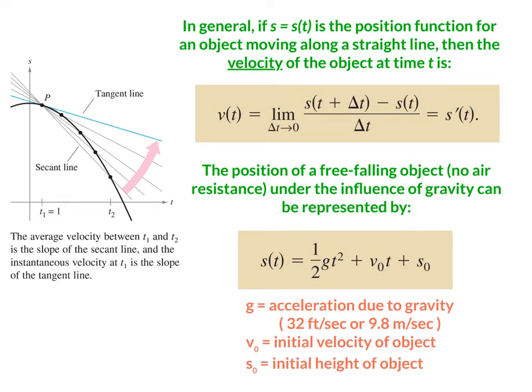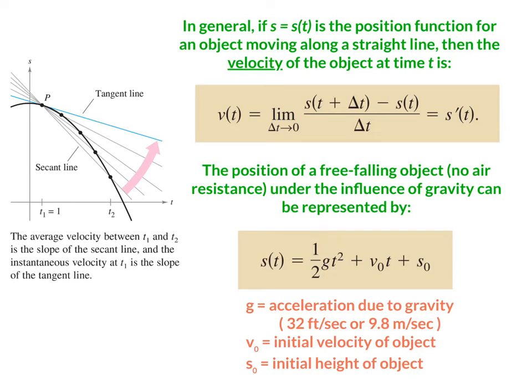We can take the idea of average velocity and apply it to something called instantaneous velocity. And that's just what it sounds like. It is the velocity of an object at a certain instant of time. So we take the position function where s is equal to s of t, where t equals time, for an object moving along a straight line.